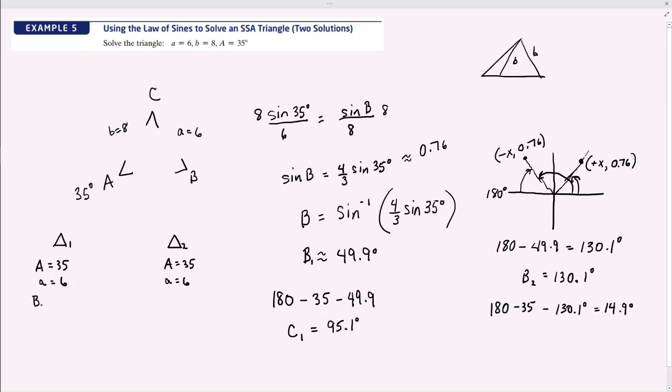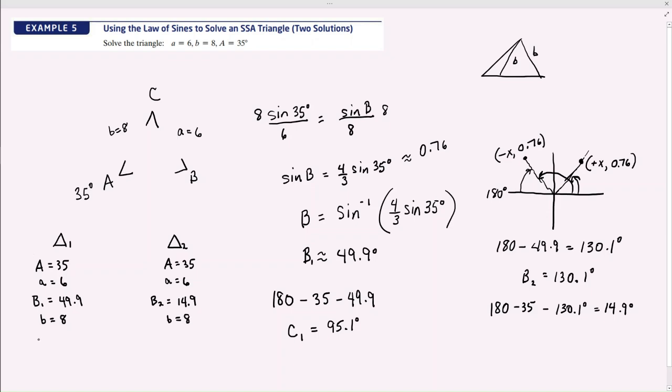Here we're going to use B1, and that's 49.9. Here we're using B2, 14.9. Now the length B is locked in at 8 in either case.